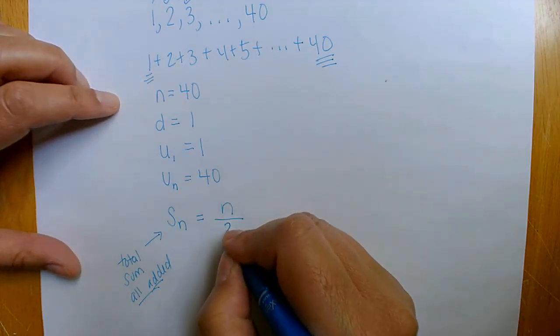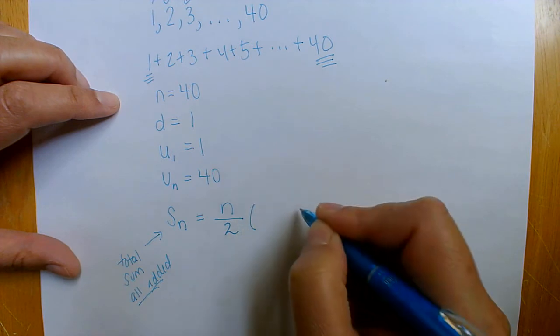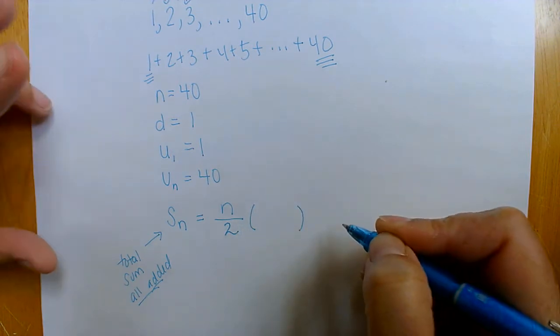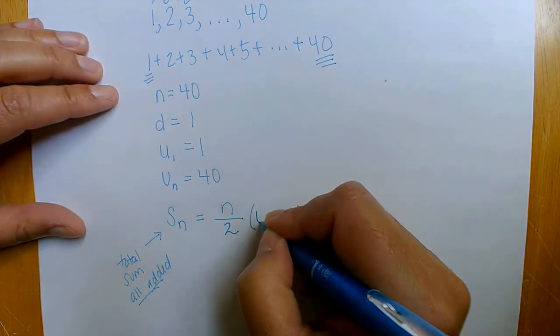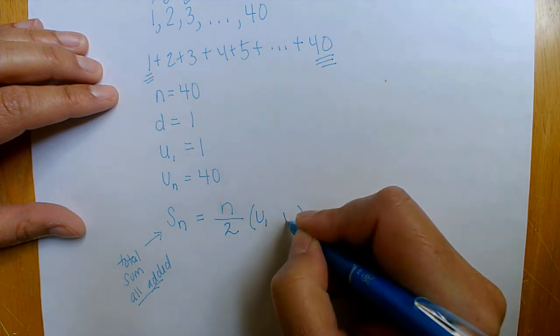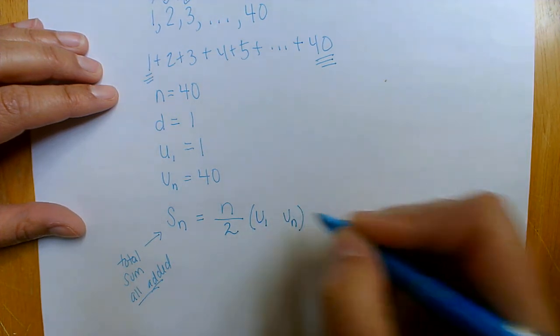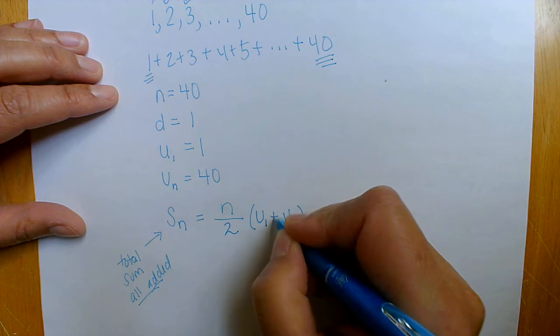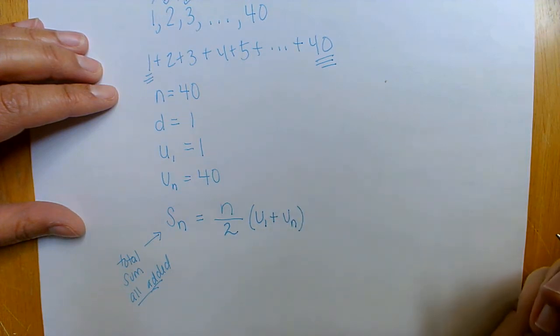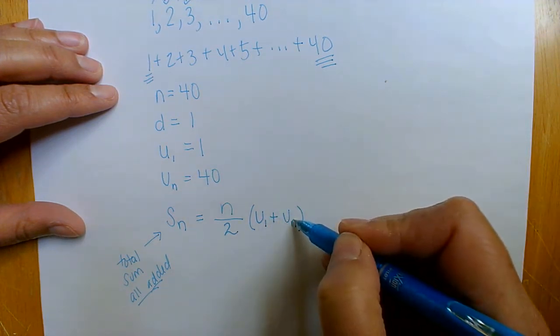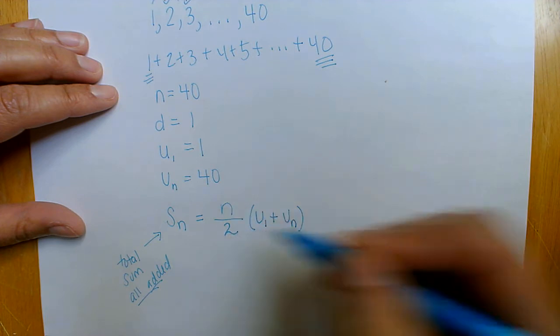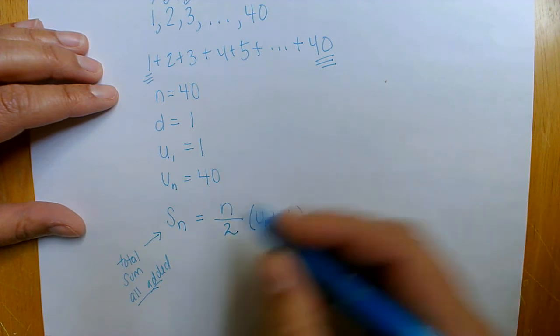We're going to have to cut that in half and multiply it by two numbers. The two numbers are u sub 1 and u sub n, the first and the last. We're going to add them together and multiply by n divided by 2.